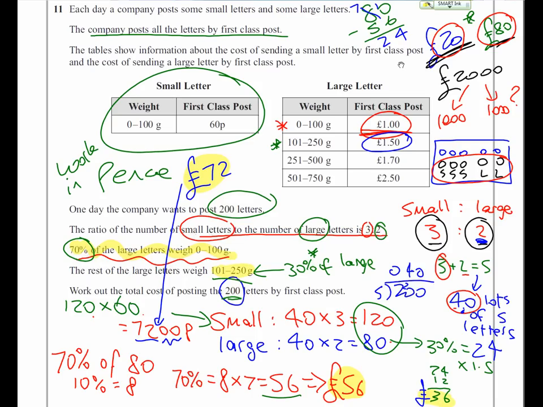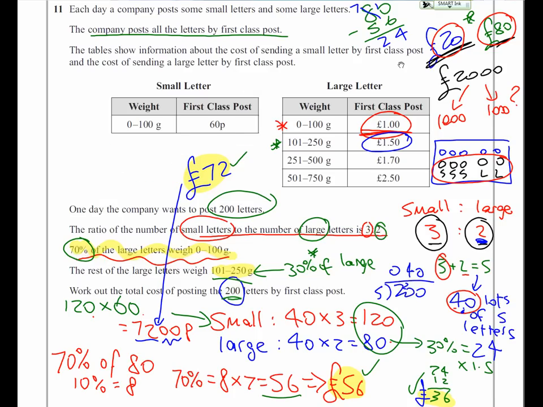So we want to add up this and this and this. So total cost, let's do it over here. You would obviously set this out better in your exam because you've got a big piece of paper to do it on. 72 plus 56 plus 36 is going to be 6 add 6 is 12, add 2 is 14, 1 add 3 add 5 add 7, 12, 15, 16.